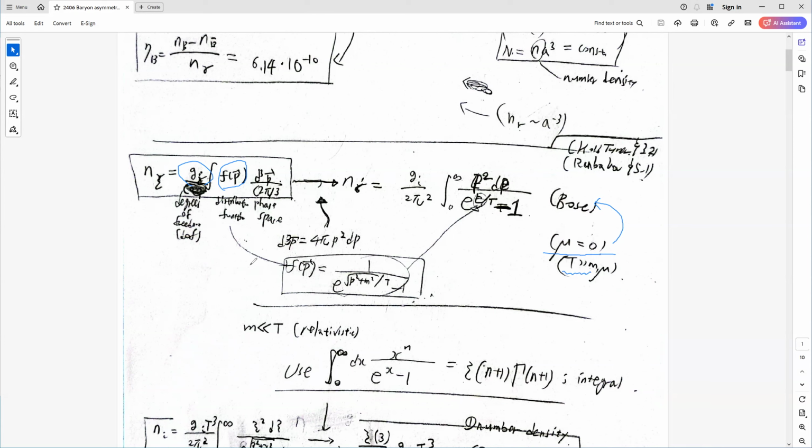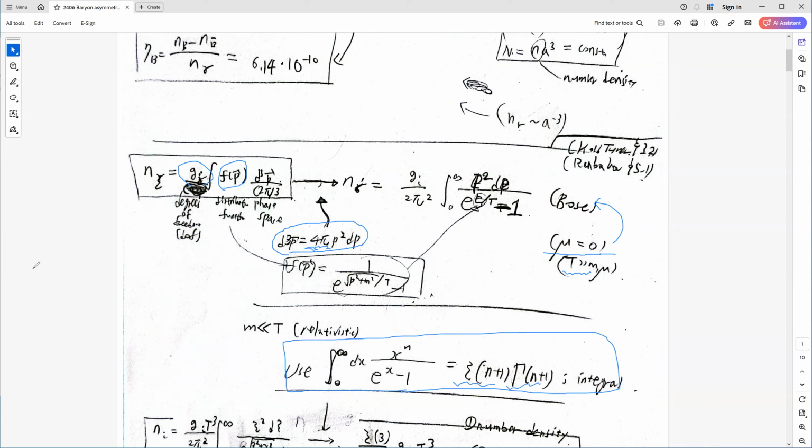By using spherical coordinates, the phase space momentum integration can be changed to the radial part with the angular component. And in the relativistic case, we will use the following integral formula by using the zeta functions and the gamma functions.